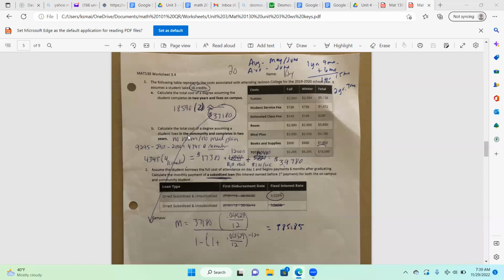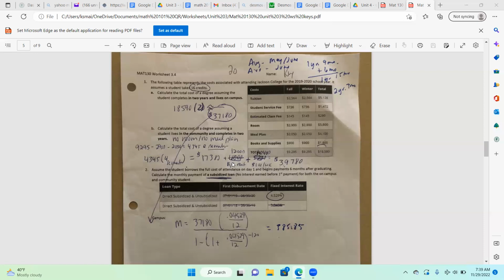Then part B says calculate the total cost of a degree, assuming a student lives in the community and completes in 2 years. So I would assume there's no room and no meal plan in that case. So I took the $9,295 from the semester and subtracted the room and the meal plan, and found that a semester it would be $4,345 times 4 semesters, so a total of $17,380.